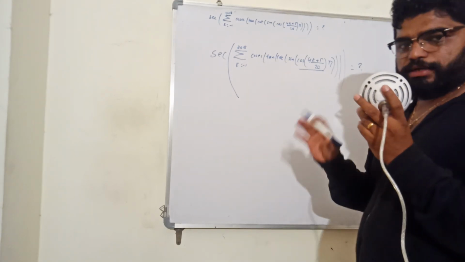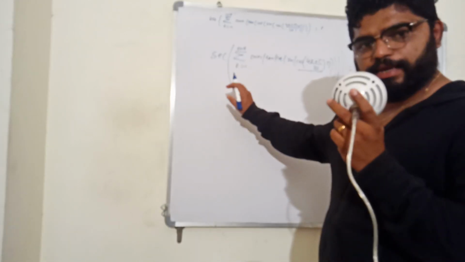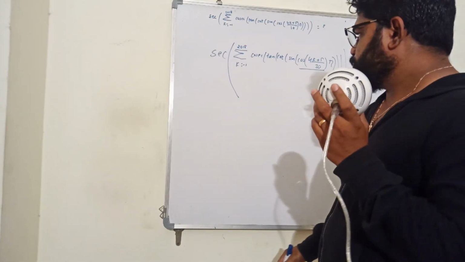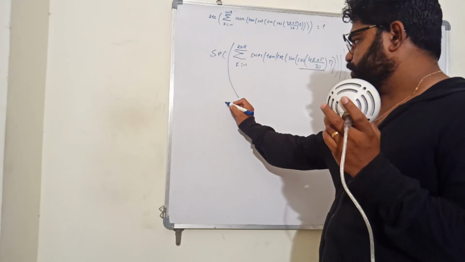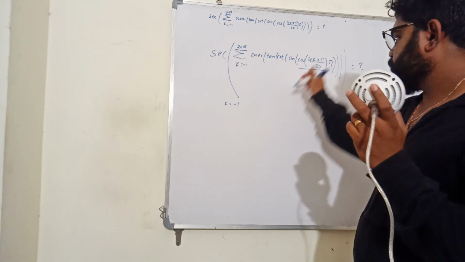These are the things that we need to first follow. Now I'm going to go to the crux of the problem. First of all, I'm going to take some values and see where cos theta becomes negative of itself. So first, when k is equal to minus 1, I'm going to put this in cos theta.